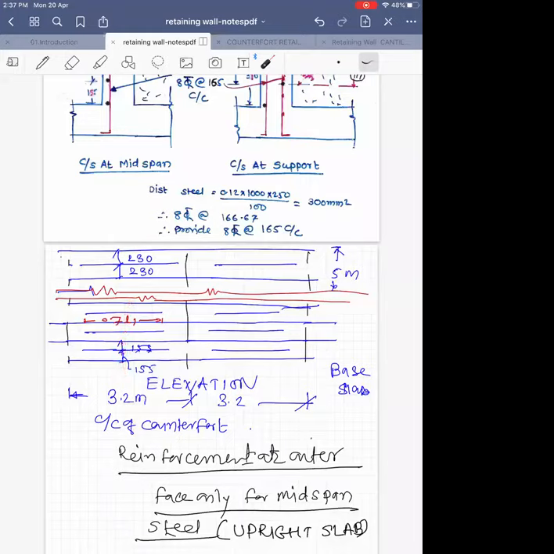Now, as per the codal requirement, whatever steel we provide at midspan, 50% of these must be continuous into the support. And that's why for achieving economy, 50% bars are not provided up to support. They are provided for length equal to 0.7 L.